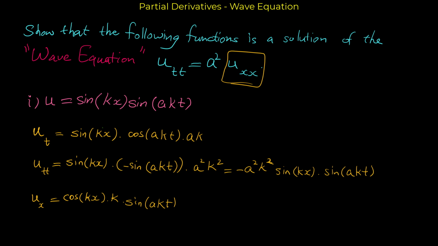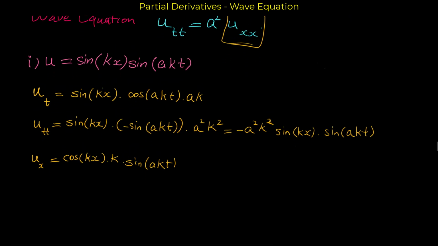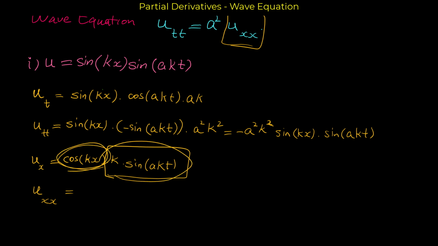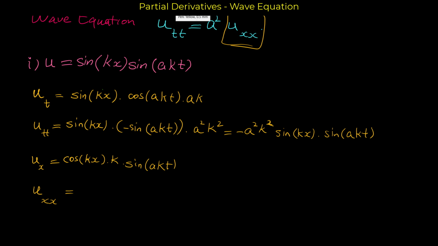Now we have to find the derivative of this answer with respect to x to find uxx. All of this for u is a constant. Focus on the part that has x. All of this is a coefficient multiplied by that. The derivative of cosine is negative sine kx times another k because of the derivative of the inside. So what is the derivative of cosine kx?